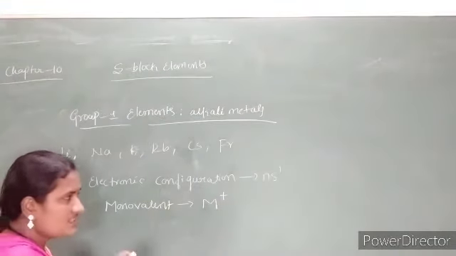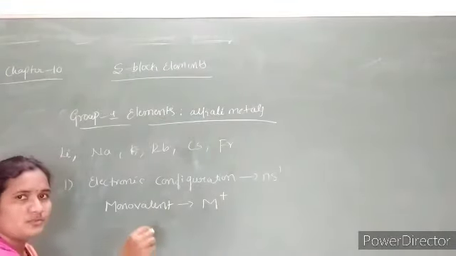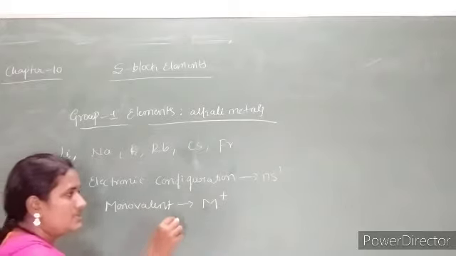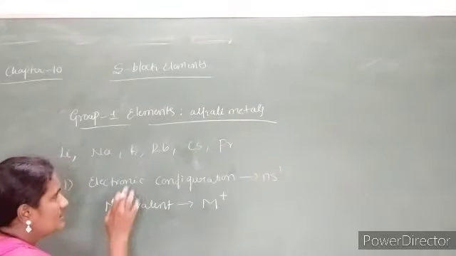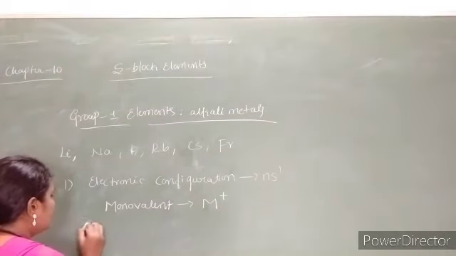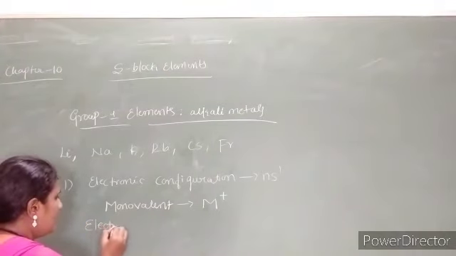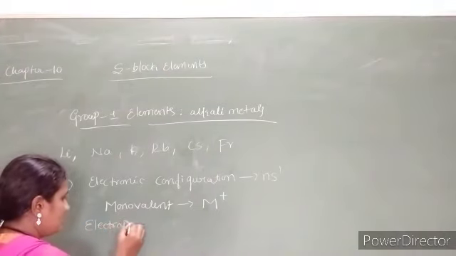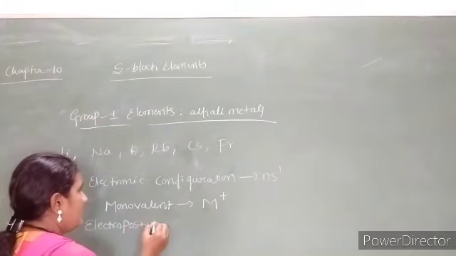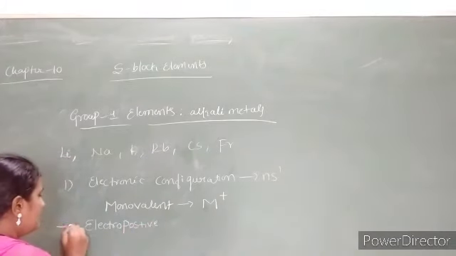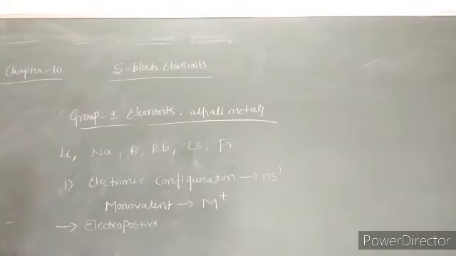Since it is easy to remove this loosely held valence electron, these alkali metals behave as the most electropositive elements. The electropositivity is more in the alkali metals because it is easy to remove the loosely held s electron in the outermost shell.